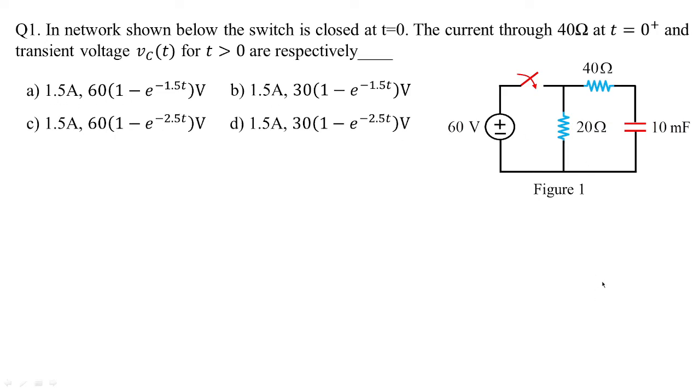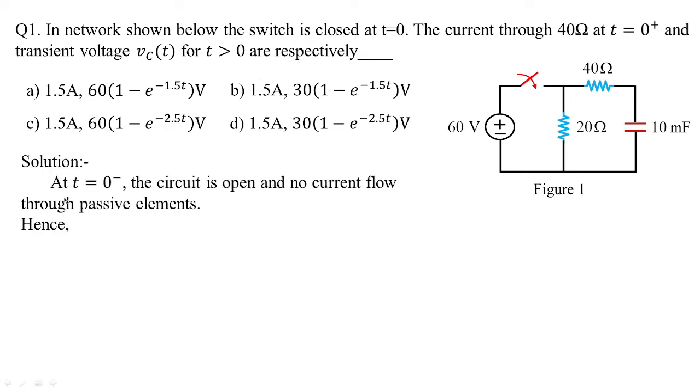In this problem we are going to check whether we get the same value of current, because in all the options A, B, C, D the current is the same, only the transient voltage is different. We'll see how to obtain the value of voltage for t greater than 0. So let us solve the problem.